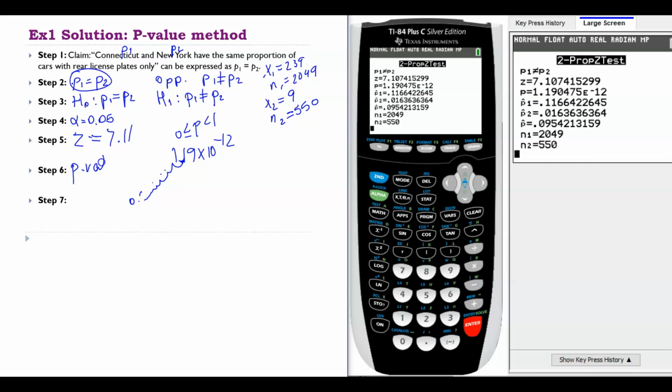P-value is equal to 0.000. We can almost write it as 0. It's not exactly 0. There is still some tiny probability, but it's so close to 0 that we can write it as 0.000. If we use table A2, you will get 0.0001. The technology will give you a more precise value.